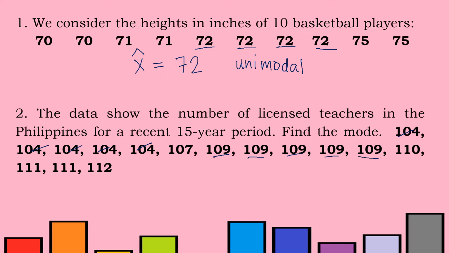Oh, there are 5. So meaning to say the modes are 104 and 109. So this example is bimodal, right? So mode is just the most frequently occurring value in a given data.